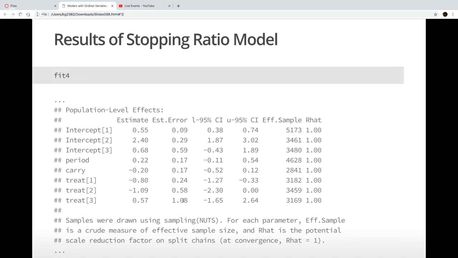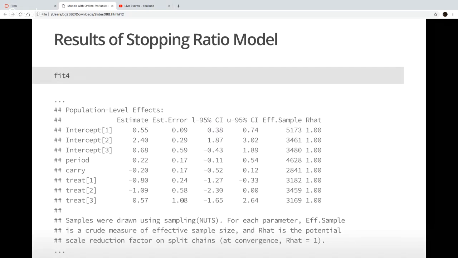And the reason why this is the case is there weren't that many people who landed in the third category. So there's not a whole lot of information with which to update our posterior beliefs about that treatment effect for people in the third category, and that's sort of a consequence of us using independent priors, which may not be the best idea, but it's what we did for this model.